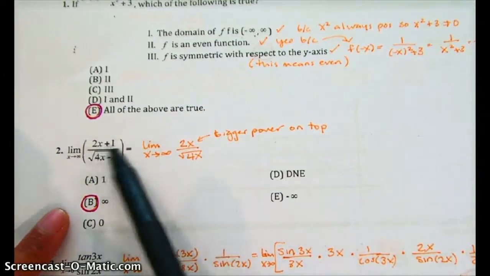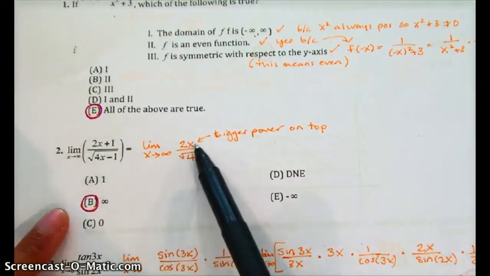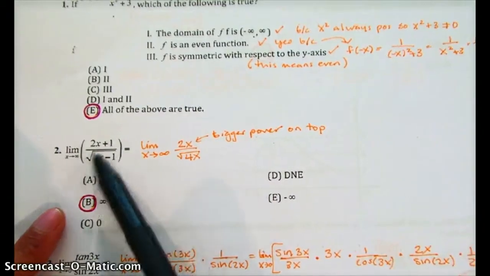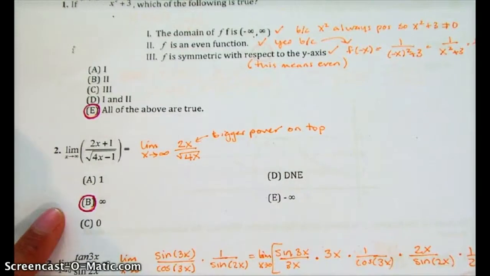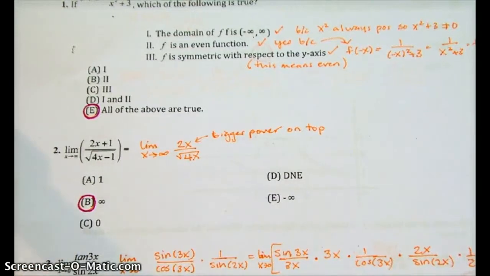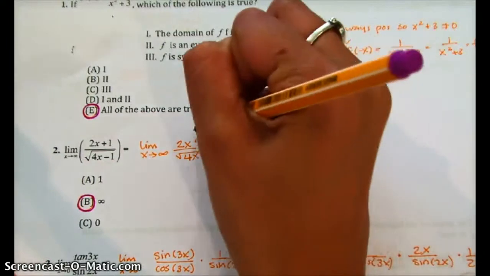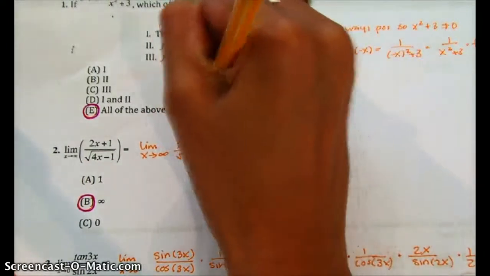I knew that the top function was kind of like the function 2x once we get to really large x values, and the bottom function would behave a little bit like the square root of 4x. The square root's really important. And then I did something kind of subtle, which is I realized that the power on the top is kind of like x to the first power.